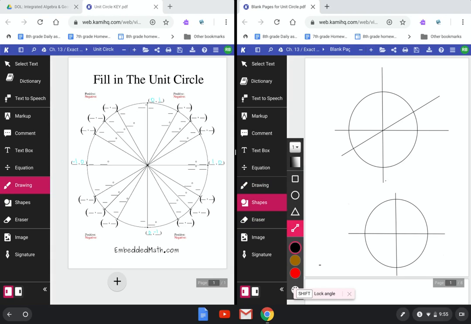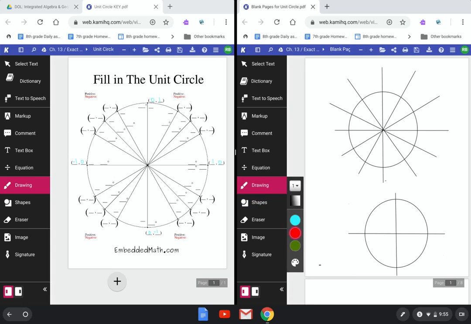All right. So I'm trying to break it into 30 degrees, every single one. Okay. So what I'm trying to say is this would be 30, 60, 90, 120, 150, and then this would go to 180.